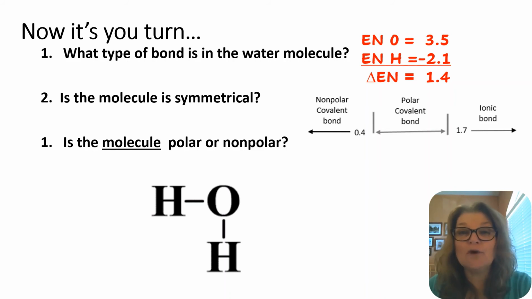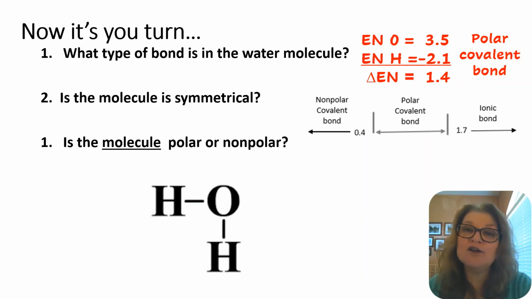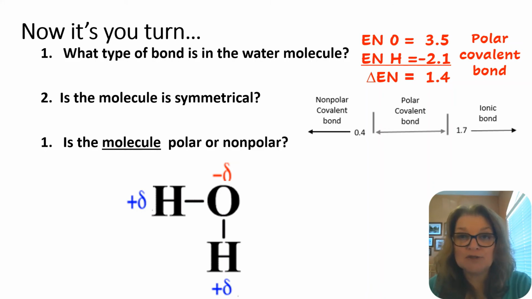And 1.4 is greater than 0.4, but less than 1.7, so that's going to be a polar covalent bond because the electrons are not going to be shared equally because oxygen has a large enough electronegativity that it's going to have an advantage over the hydrogen, which means the electrons are going to spend more time by the oxygen, which is going to make the oxygen slightly negative or partially negative, and the hydrogens then are going to become partially positive.